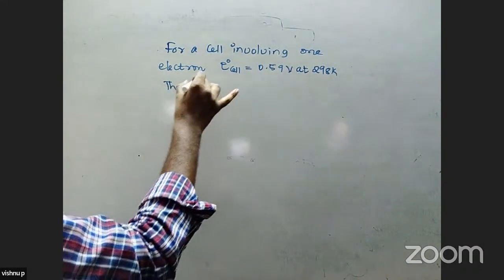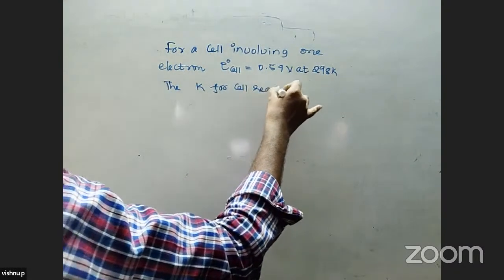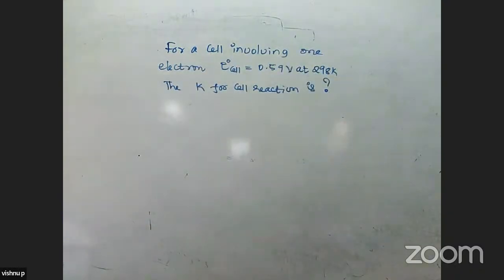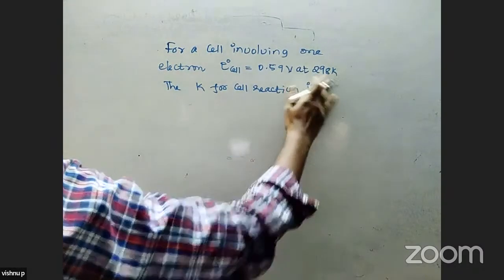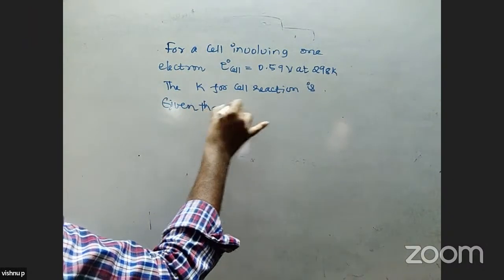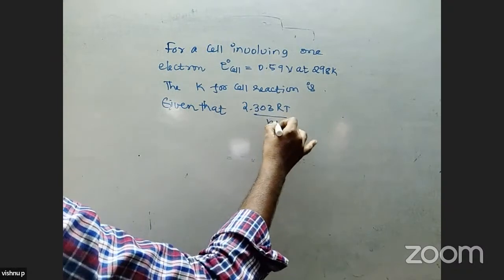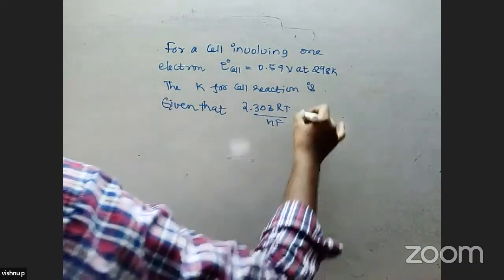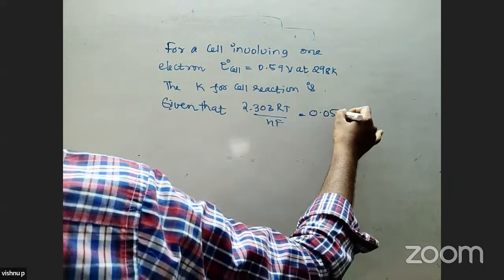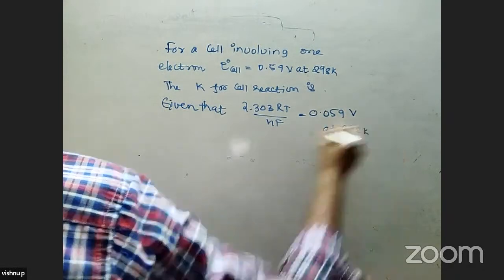The K for cell reaction is, find out the value. It is given that 2.303 RT by nF is equal to 0.059 volts at 298 Kelvin.